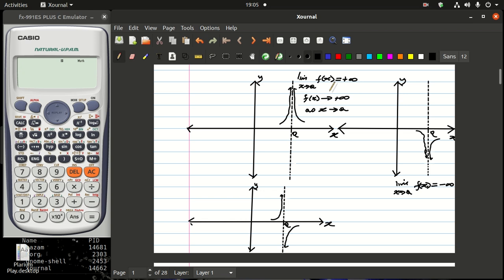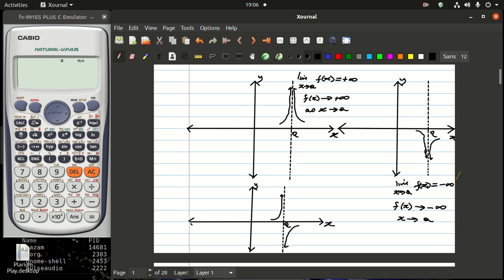This is another way of writing this, and it's easy to say in words, because the arrow is saying approaches, so you can say f of x approaches positive infinity as x approaches a. The same thing here, you can say f of x is approaching negative infinity as x approaches a. Different ways of saying the same thing, but you have to know all of them.